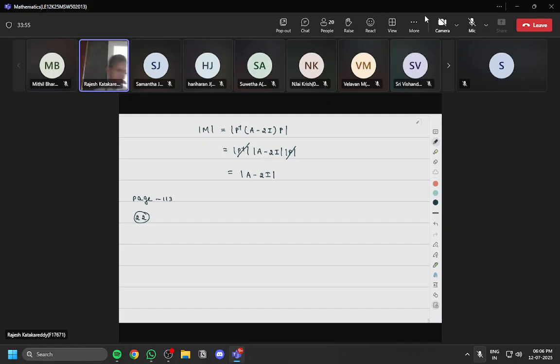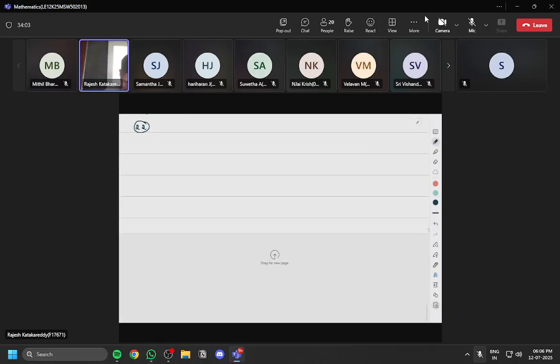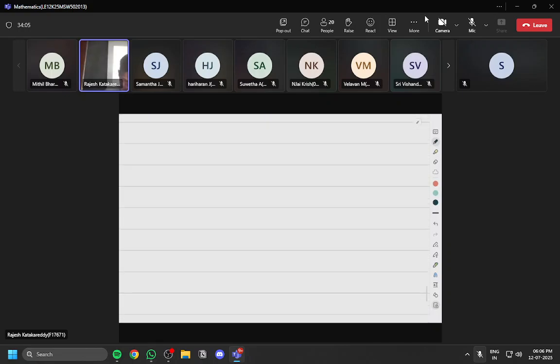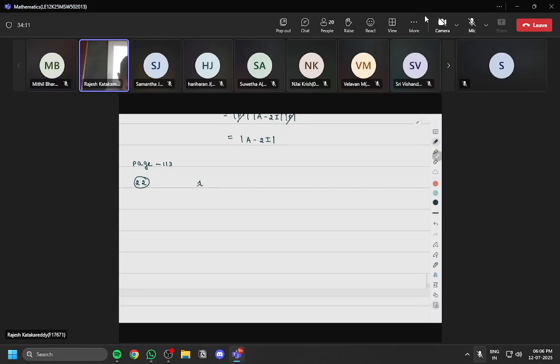Then what we need to find? We need to find the determinant. There might be different methods, but this one I felt easier, so I'm explaining it here. Let us write in terms of eigenvalues. For the given matrix, lambda 1 plus lambda 2 equals 3.